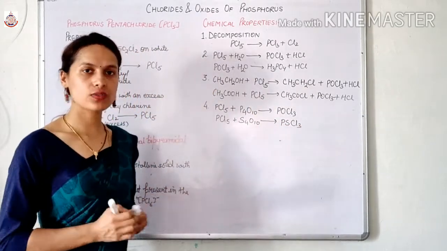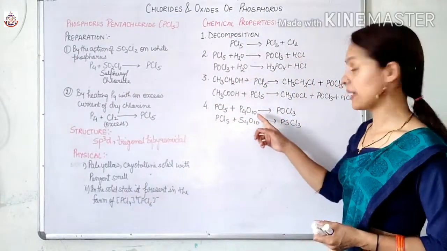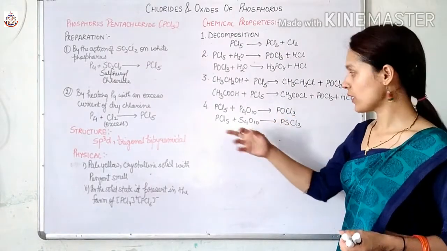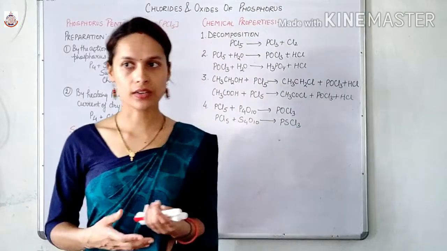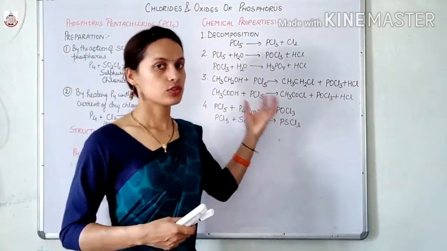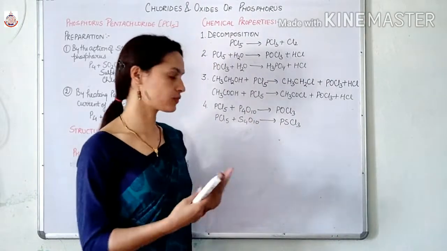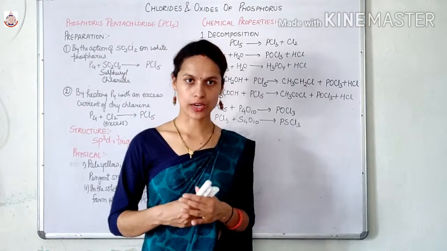Means when phosphorus pentachloride reacts with phosphorus pentaoxide, it forms phosphorus oxychloride, and when it reacts with S4O10, it forms phosphorus thiochloride. So in both cases it forms oxychloride and thiochloride.